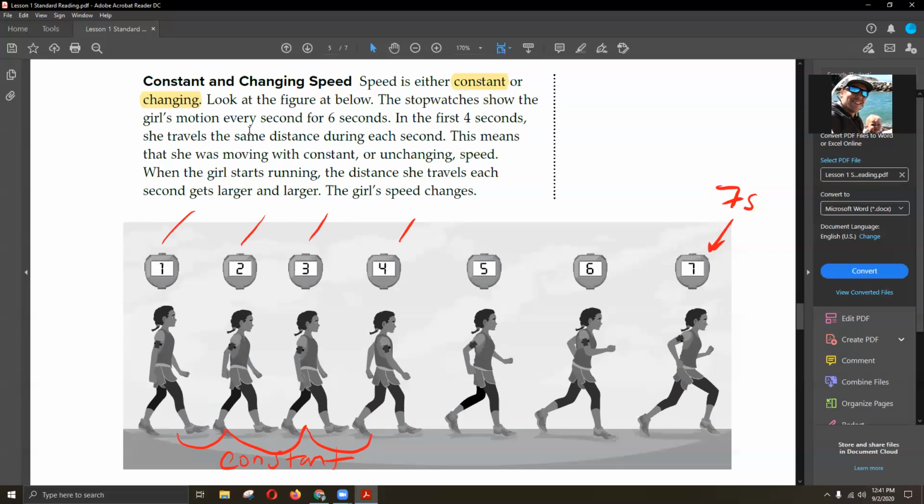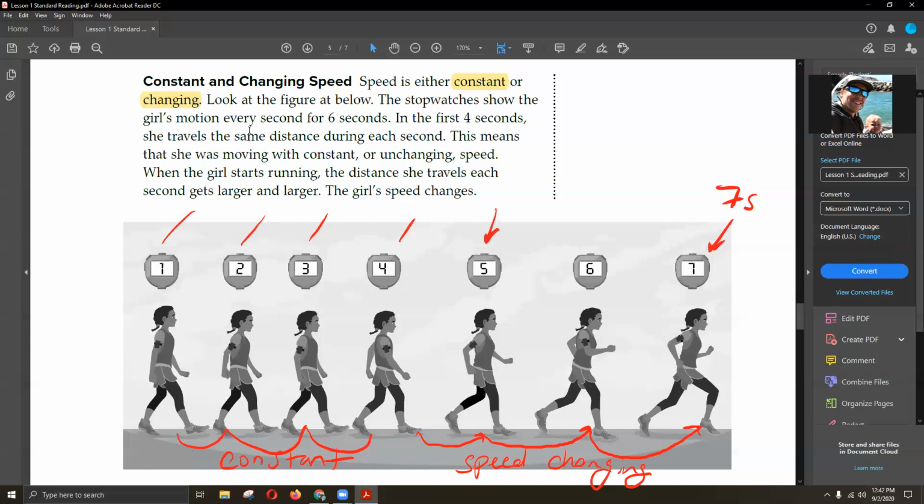However, at the 5-second mark, you can see she is moving her feet more. She's taking bigger steps. She's moving more distance, and because she's moving more distance, she is speeding up. Her speed is changing. So I would ask you, is her speed constant or is her speed changing?